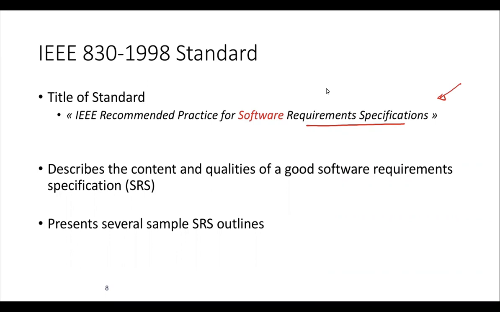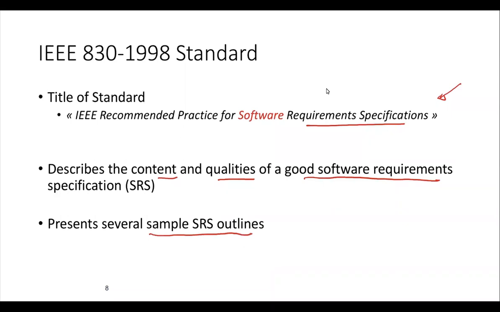In the IEEE 830, we have information about the content and the qualities of a good software requirement specification. Also, inside the IEEE 830, we have several sample SRS outlines.